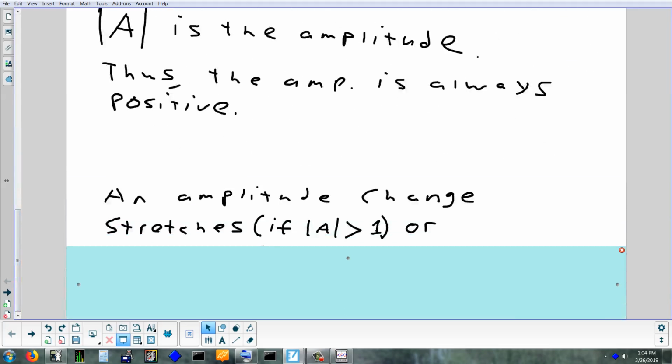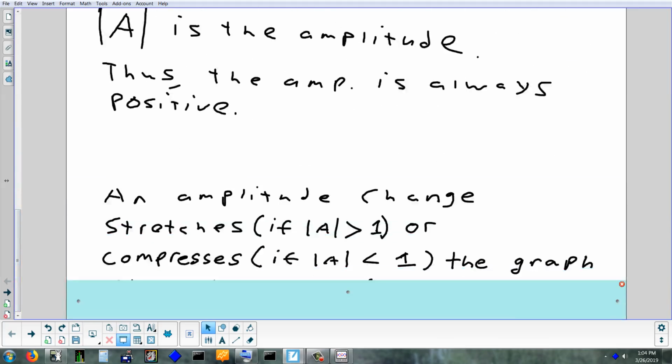So the idea is if you put a number in front, it all depends on whether it's bigger than 1 or is it like a fraction, like 1/2 or 1/3 or 1/4. If you put a number that's bigger than 1, like if the absolute value of it is bigger than 1, it will stretch. So if you put a 5 in front, it will stretch.